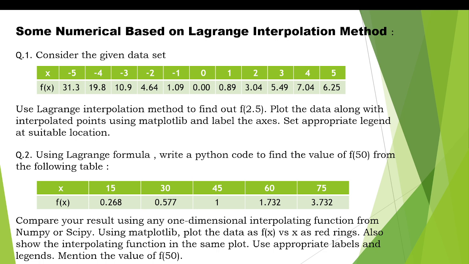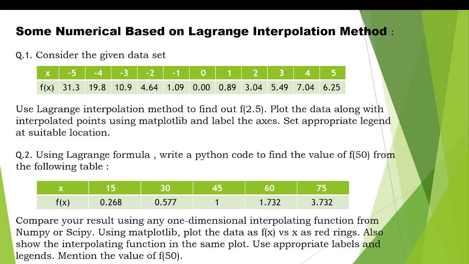Next, I have written some numerical problem based on Lagrange interpolation method. The first question is consider the given datasets where the x values are -5, -4, -3, -2, -1, 0, 1, 2, 3, 4, and 5, and the corresponding f of x values are 13.3, 19.8, 10.9, 4.64, 1.09, 0.00, 0.89, 3.04, 5.49, 7.04, and 6.25.